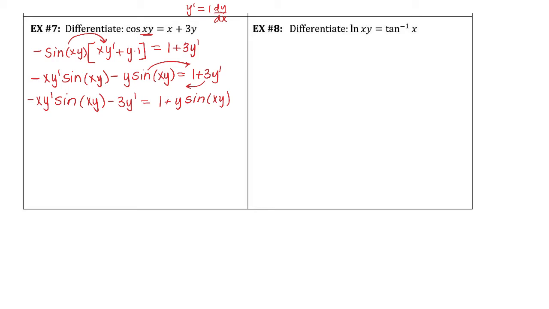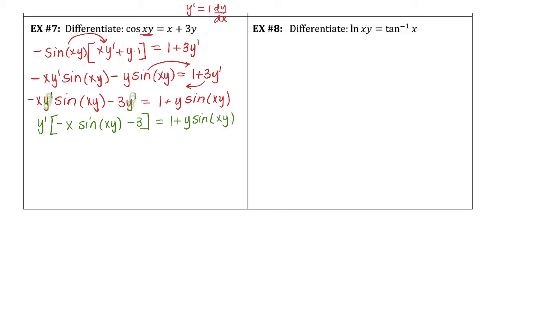A lot of algebra. Now let's factor out our GCF, and our GCF here, if we'll note, is going to be that y prime there and there. So let's factor that out. So I'm going to have y prime, and then times negative x sine xy, and then minus 3 equals all this other stuff over here.